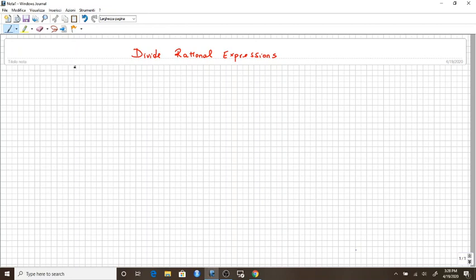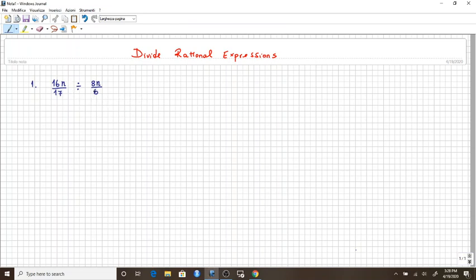Okay, let's start with this problem. Here we want to divide 16n over 17, the first expression, by 8n divided by 6.